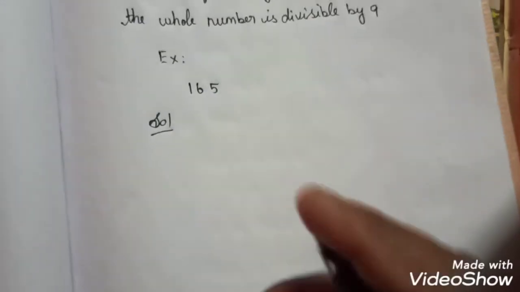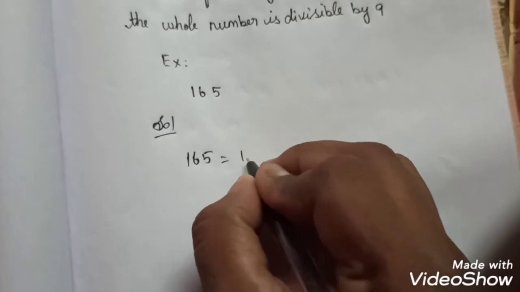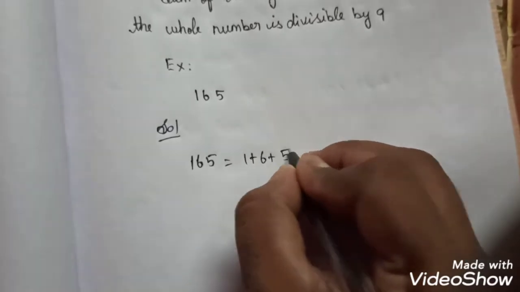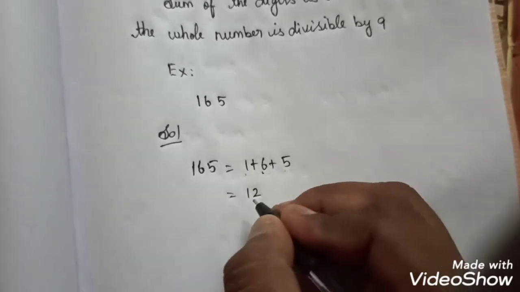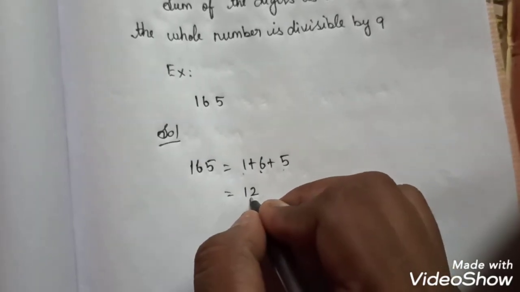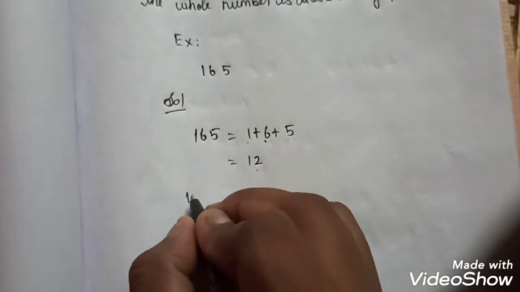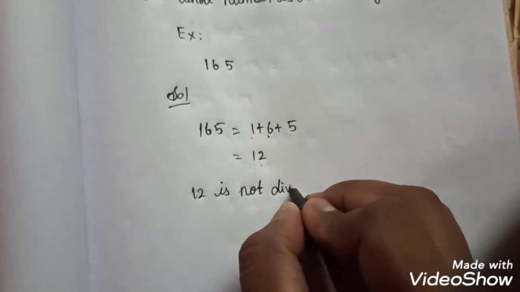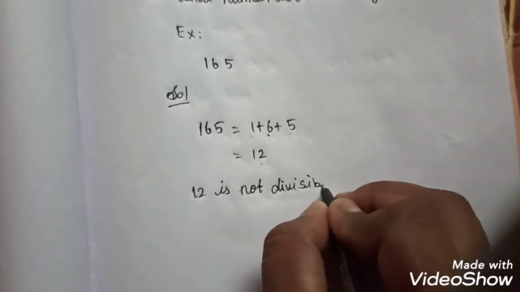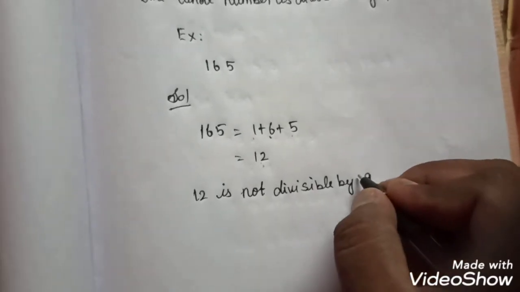Solution. 165 gives 1 plus 6 plus 5. 1 plus 6 is 7, 7 plus 5 is 12. You see, 1 nine is 9, 2 nines are 18. So 12 is not divisible by 9.